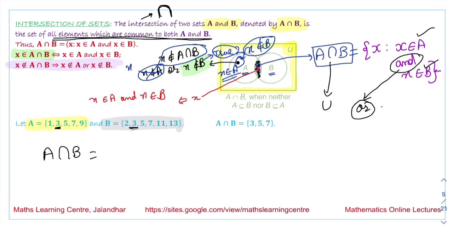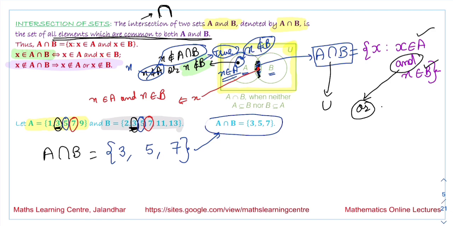This element 3 is present in both these. Then this element 5 is present in both these. Then we have this element 7, which is present in both of these. So A intersection B is equal to the set {3, 5, 7}. This is the set A intersection B that we have.